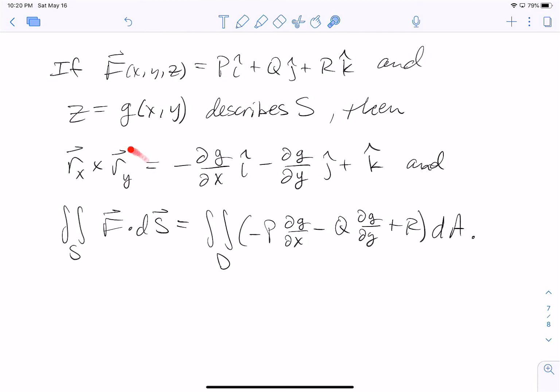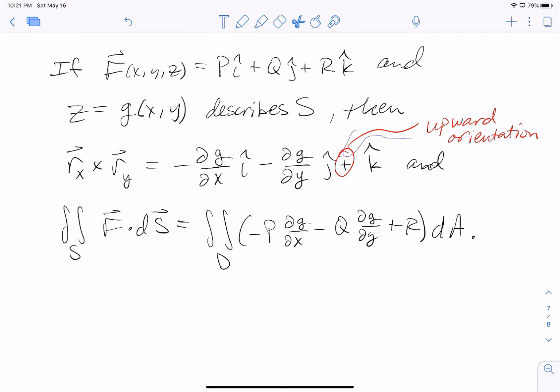This cross product that we looked at, the partial of r with respect to x cross the partial of r with respect to y, has as its k component a positive. With that positive there, we have that upward orientation.